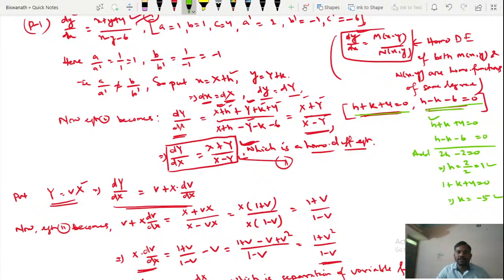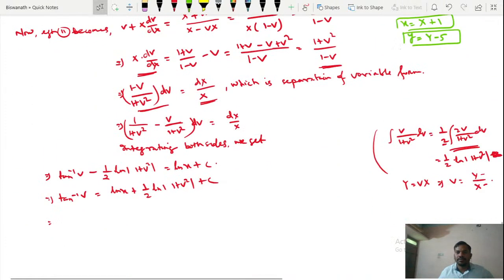So if h equals this one and k equals this one, then what will be your small x? Your small x is capital X plus h, so capital X plus 1, and your small y is capital Y plus k, so this will be capital Y minus 5. Okay, your small x is this one and small y is this one.